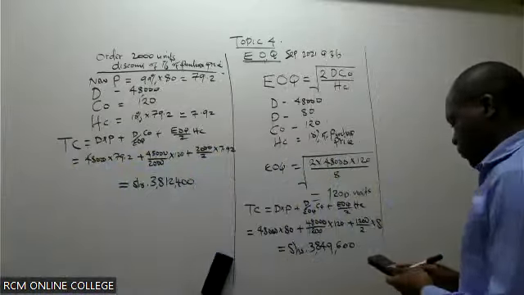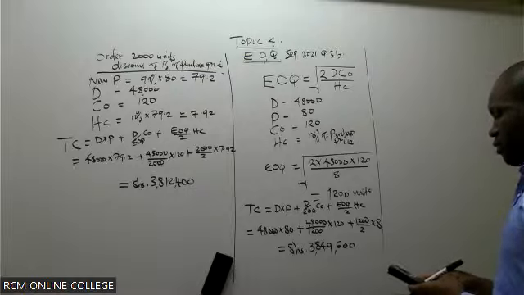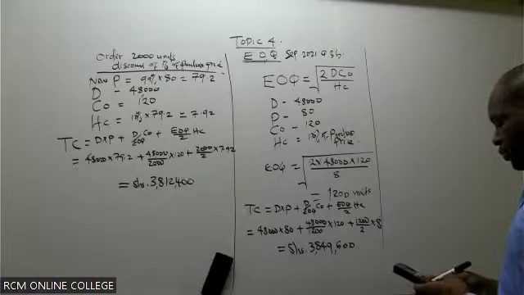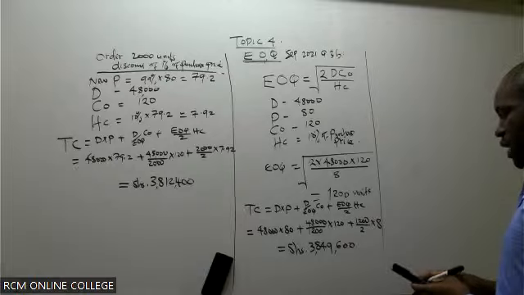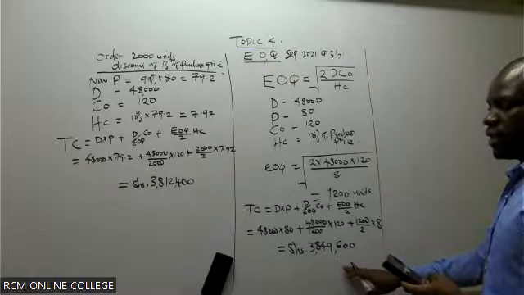This other side, 48,000 divided by 1,200, we multiply by 120. To that, we add 600 by 8. To that, we add 48,000 by 80. 3,849,600. 3,849,600.